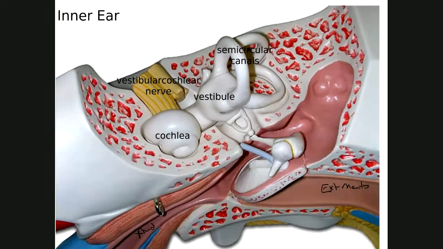Again, it's like a drum head, so sometimes it's even called the eardrum because it looks like a drum head. And then we have these 3 bones: the malleus, the incus, and the stapes. And then we have the inner ear with the cochlea, the vestibule, and the semicircular canals.